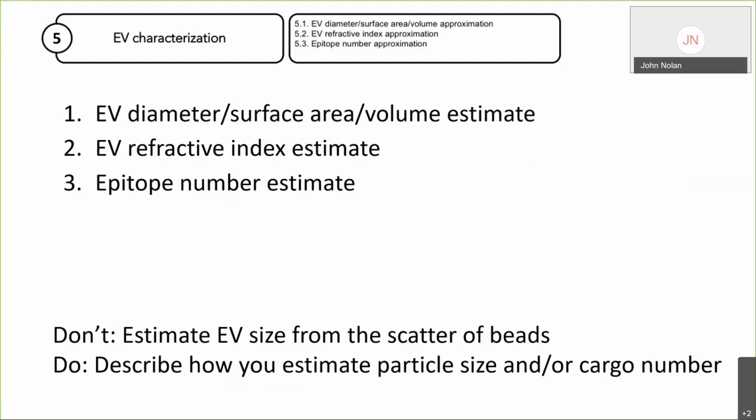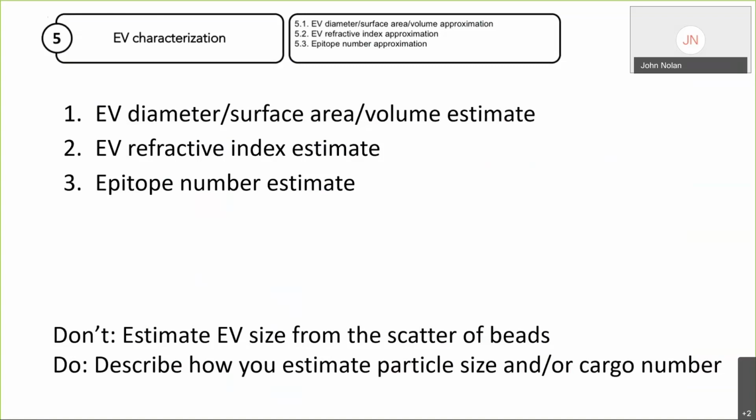From our light scatter or fluorescence measurements, we might want to estimate the diameter, the size of our particles. There's a number of different ways to do that. I just described some of the tools that are available for using light scatter. We would consider that a somewhat advanced area of flow cytometry. If you are going to use those measurements to estimate size, you need to describe in detail how you did that.